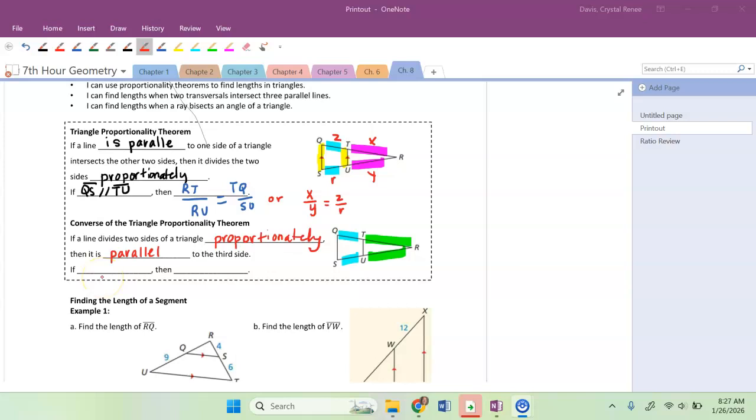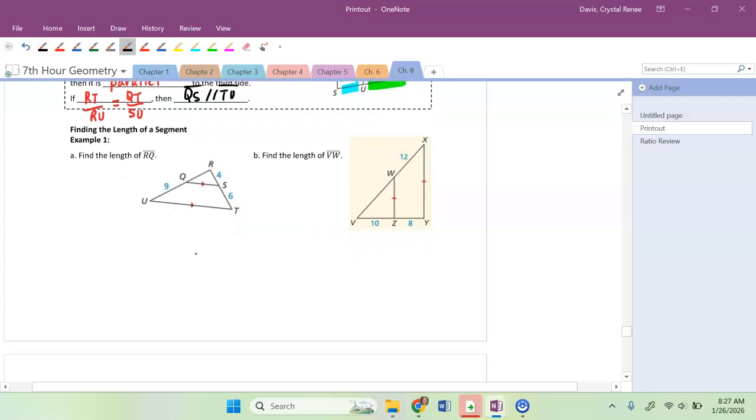So all I'm doing is flipping it. If I know that RT over RU is equal to QT over SU, then that means that these two lines have to be parallel. So QS is parallel to TU. It just goes both ways.